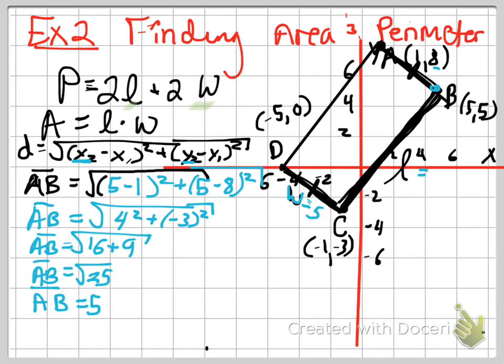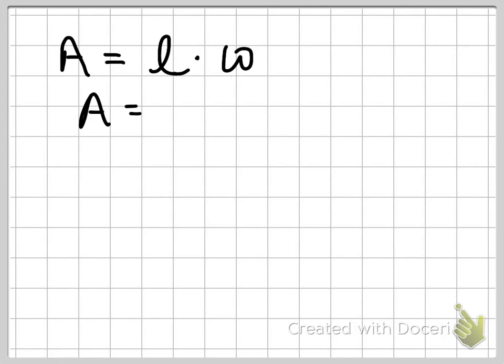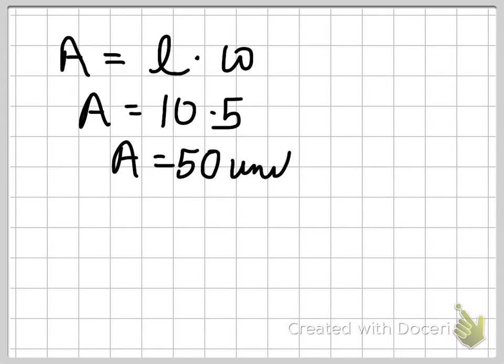So now my length equals 10. So now I have length 10, width 5. I can plug in and find my area and perimeter. Area equals length times width. So area equals 10 times 5. So my area equals 50 units squared.